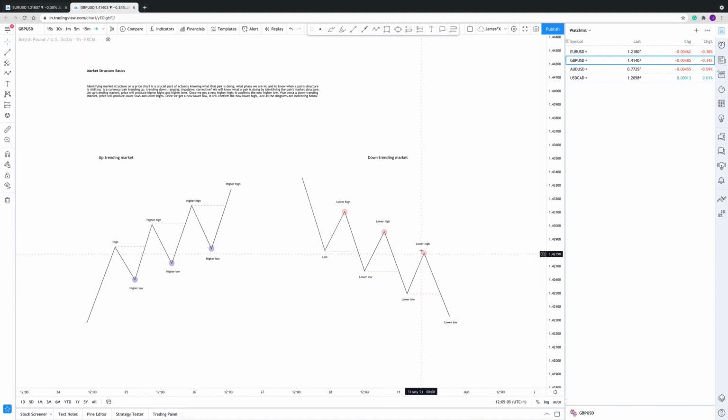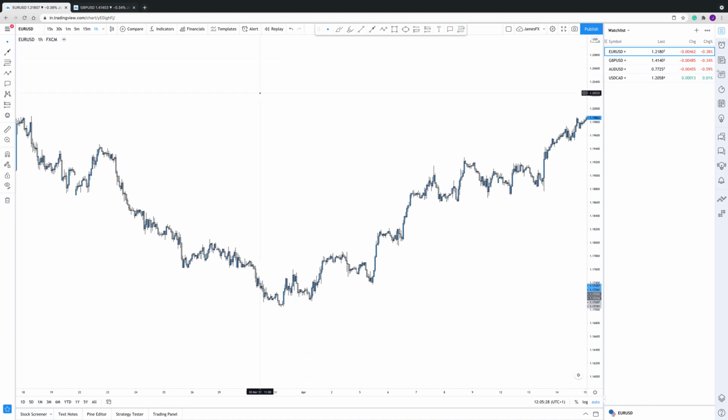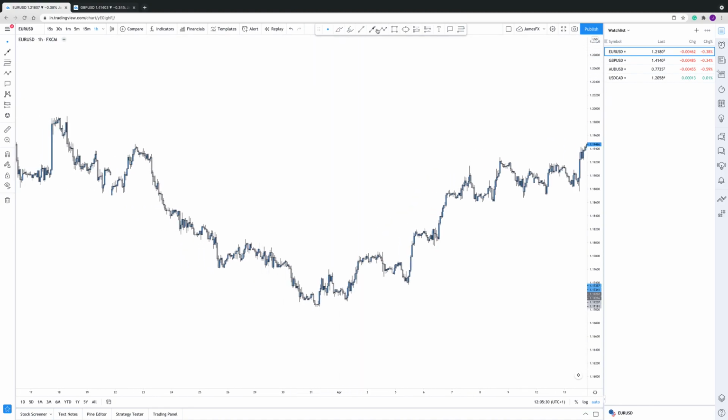So this is the basics of trending markets and market structure. A higher high is not confirmed until we get a break of the most recent high, and then vice versa for a downtrend. So let's jump on to Euro USD and let's look at this on the charts.